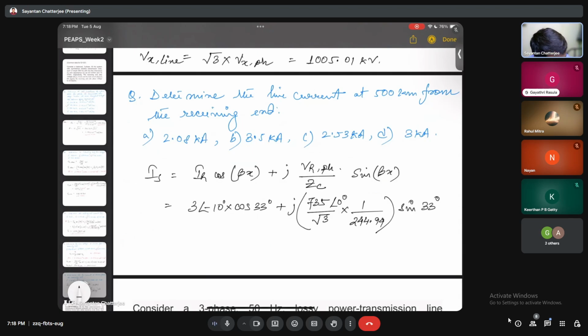So just calculate this. This will be same as the line current. Phase current is equal to the line current in this value, so we'll get the value directly.